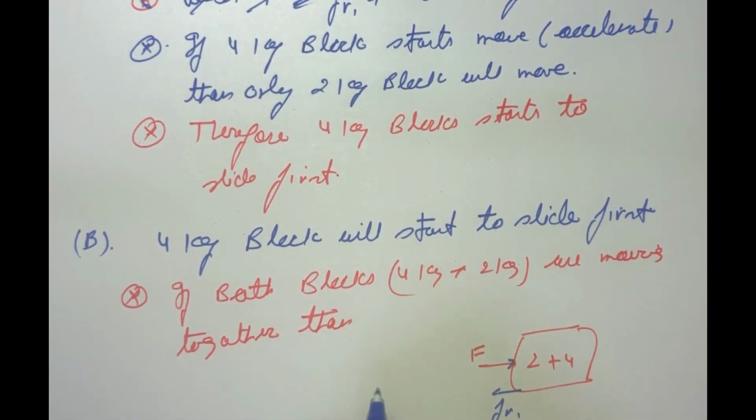So the applied force should be able to overcome the friction FR1, then only the 4 kg will start to slide.